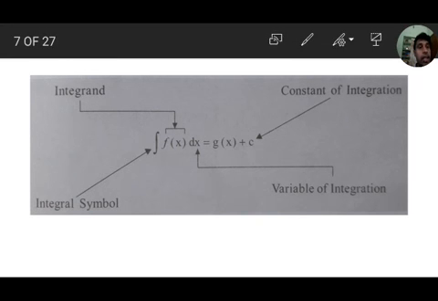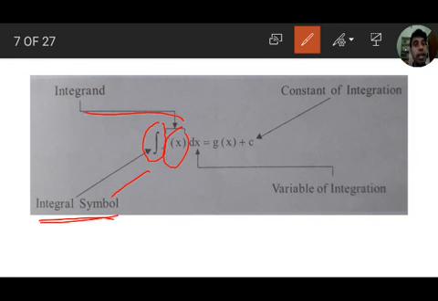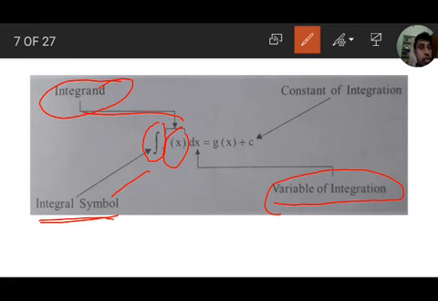Notation. Integration of f of x dx equal to g of x plus c. What are these? This is the integration symbol, the integral symbol, and small f of x is called the integrand.